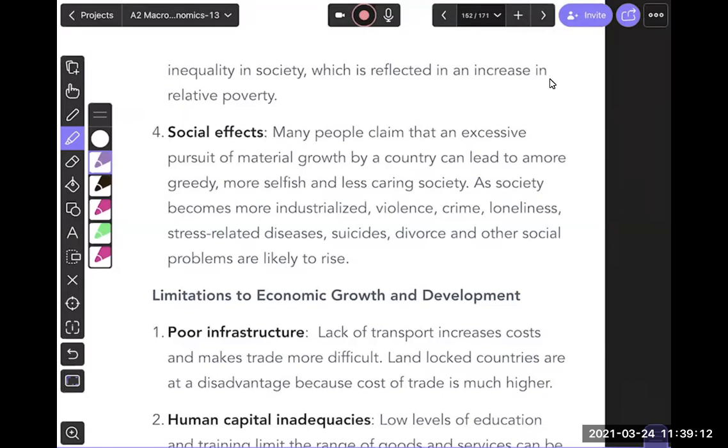Okay, moving on. Then comes your social effect. What are the social effects of economic growth?